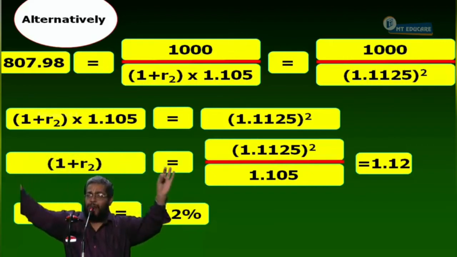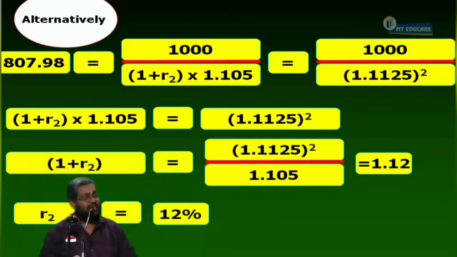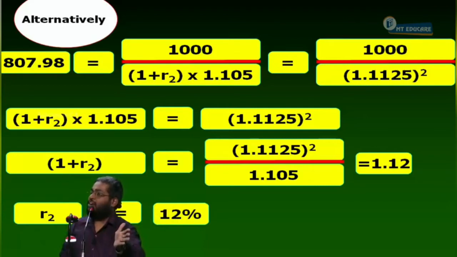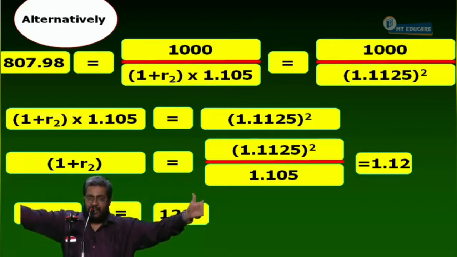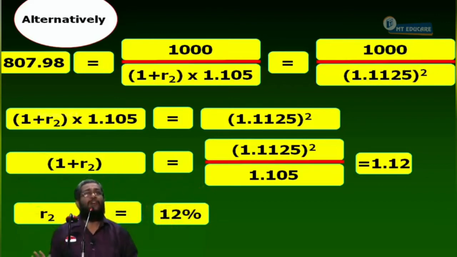With just the 10.5% and 11.25% itself, I'll be able to calculate the forward rates in this particular sum. Are you following what I am saying? I took the 1000 initially only for you to understand it. Now the 1000 vanishes, 807.8 vanishes. My computation is very simple. The forward rate of the second year is 1.1125 the whole square divided by 1.105. Everybody, are you following what I am saying?